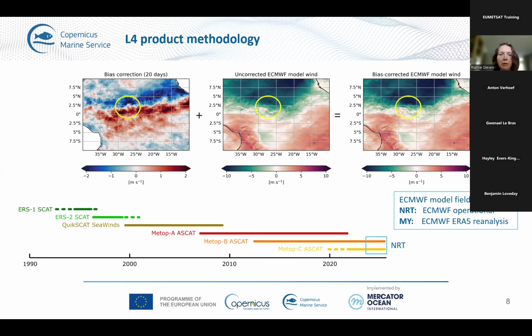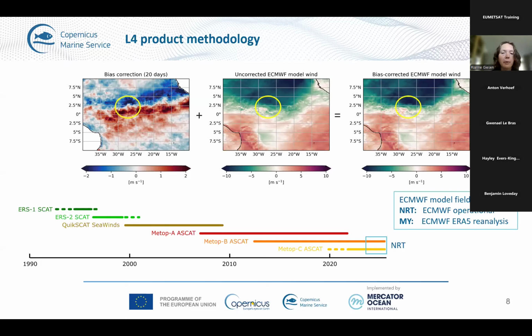If you, for example, look at this location, this is in the tropical Atlantic, where biases are typically large, up to 2 meters per second, then this correction provides more spatial variability and also larger gradients.